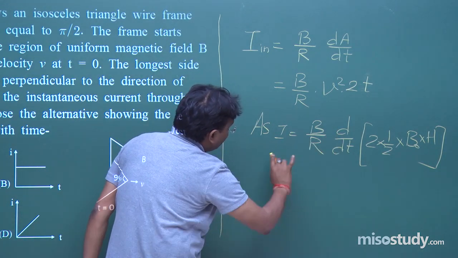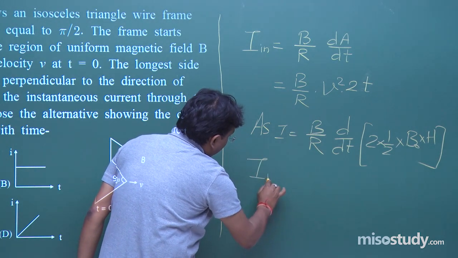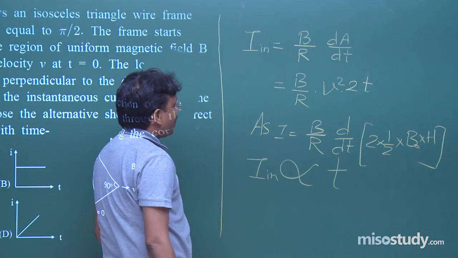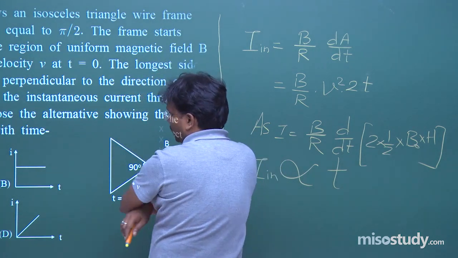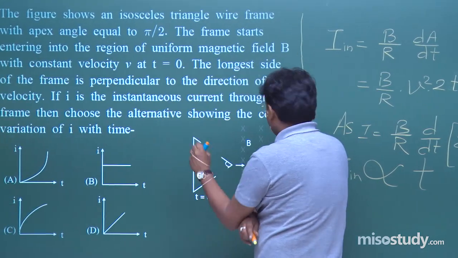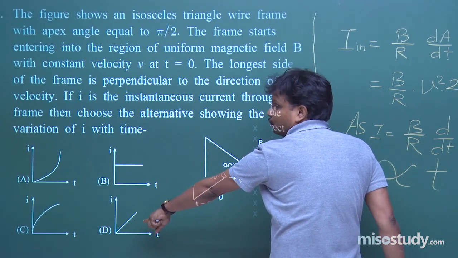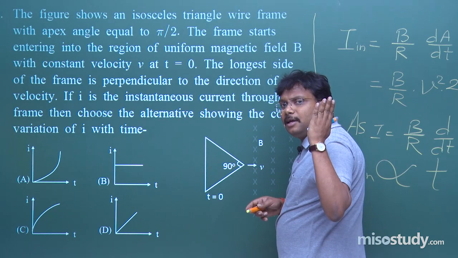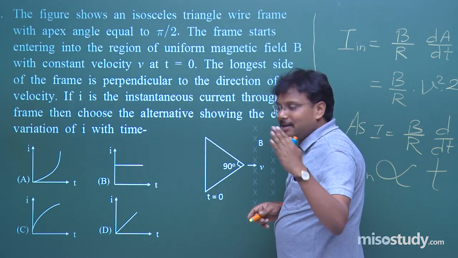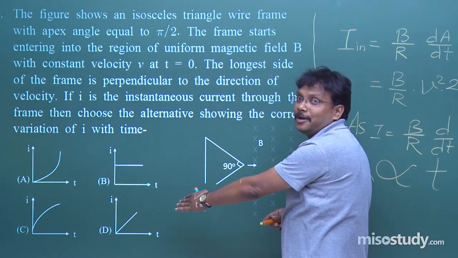So, from here after solving you can say I induced is directly proportional to t, and from here if you just take a look, the only graph which is representing this situation is this one. It is nothing, class 10th, V is equal to IR, V is directly proportional to I, that Ohm's law type of diagram.